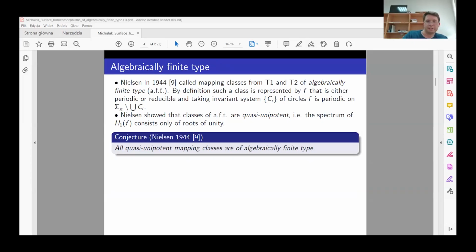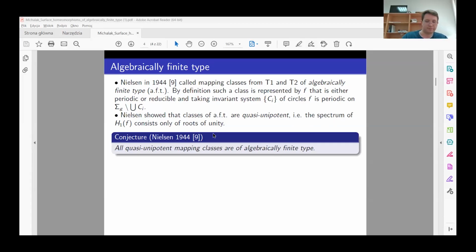And this is called so by Nielsen because he conjectured that these classes can be defined explicitly in algebraic terms. He showed that all these classes induce a symplectic transformation which is quasi-unipotent, and it means that the spectrum of the symplectic matrix consists only of roots of unity.